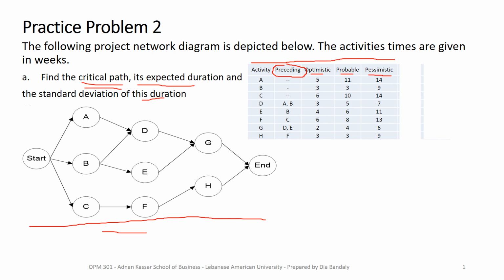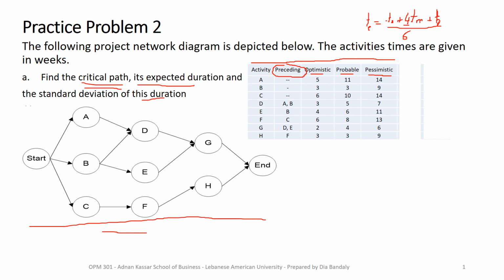So remember how to find the expected duration from the 3 time estimates. TE is equal to T optimistic plus, because the probable happens the most, 4 times Tm, the most probable, plus the pessimistic, and we divide the whole thing by 6. Because it's a weighted average, where we give a weight of 1 here, 4, and 1 also.